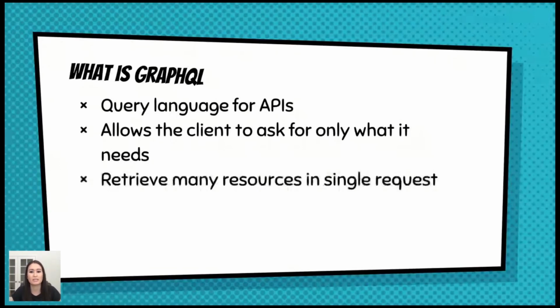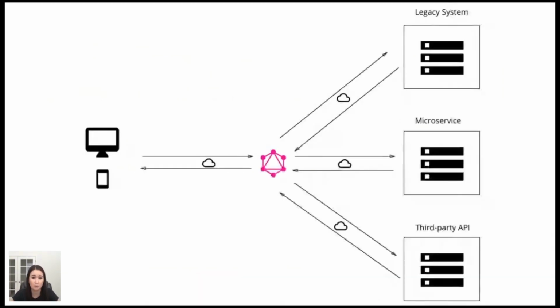You can retrieve many resources in a single request. So if you need data from a database and a third-party API or anything like that, you can get all of these resources in one request. So this is an example. On the left-hand side, you can see that's your client side, desktop, mobile. And then in the middle, you can see your GraphQL server right here.